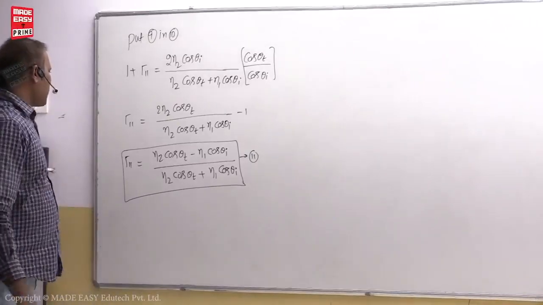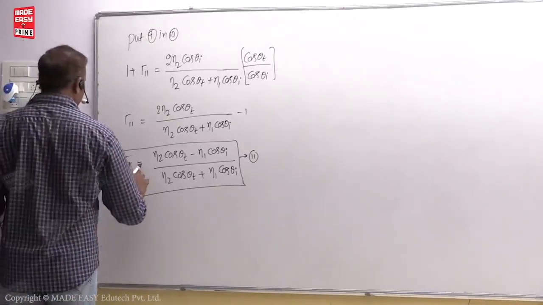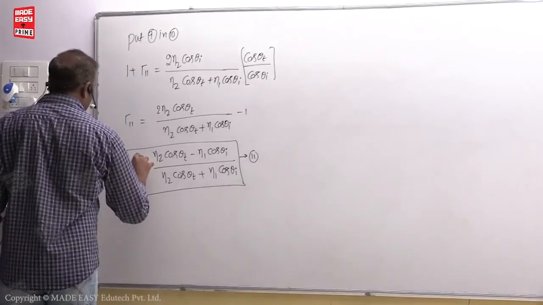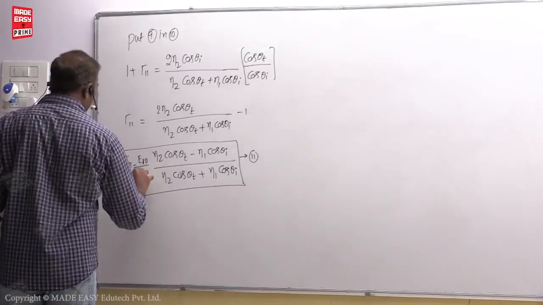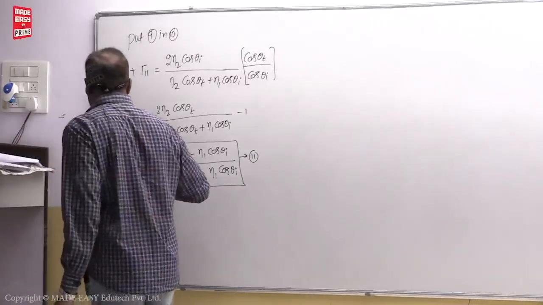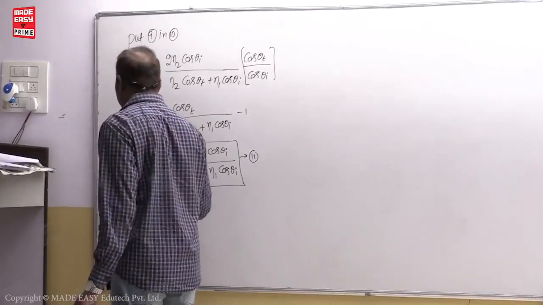This is the reflection coefficient. I will write here. What is the definition of reflection coefficient? ER0 divided by EA0. This is the definition. So reflection coefficient of parallel polarization.